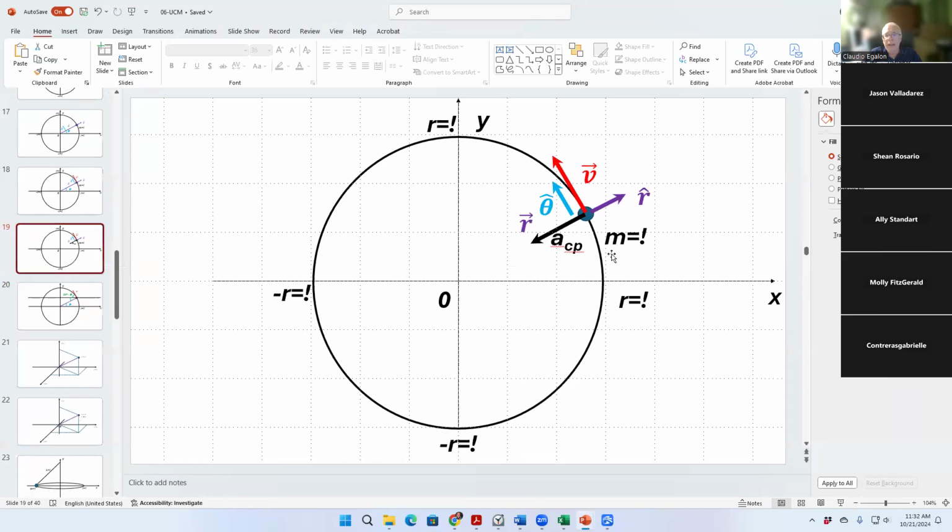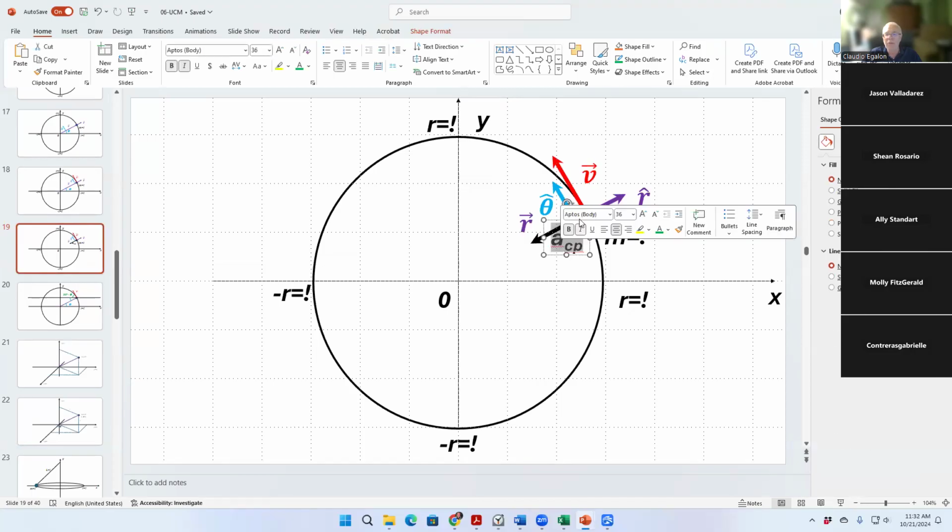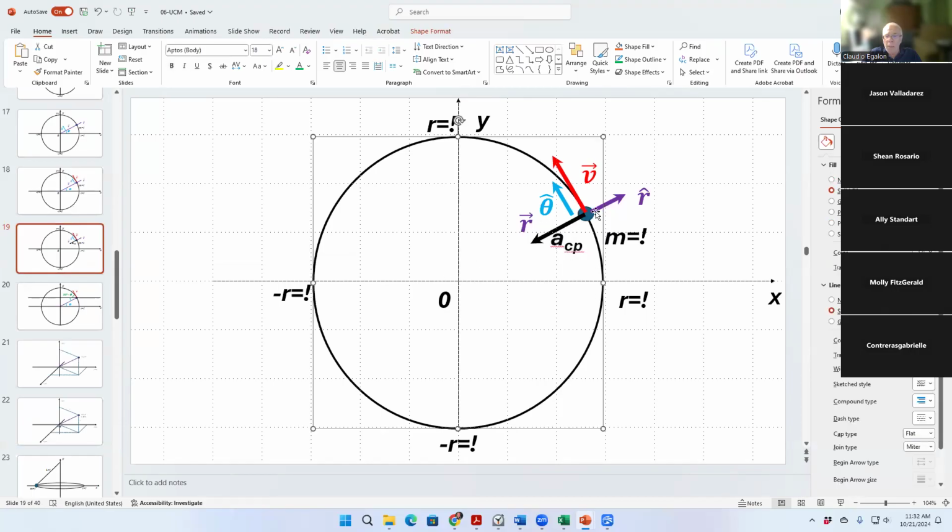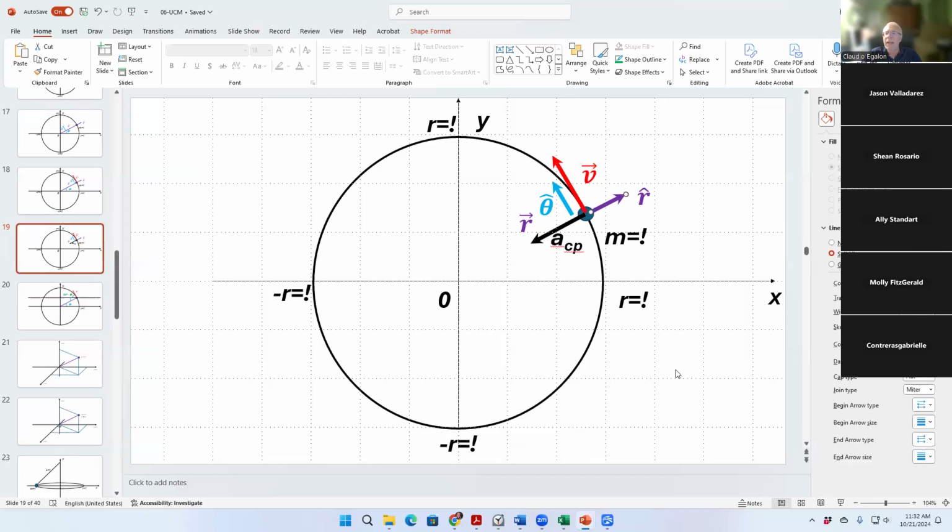See that my acceleration vector is contrary to my position vector. Do you see that? The centripetal acceleration doesn't have a tangential component, has only a radial component, but it's a radial component that's opposite to the unit vector of position.